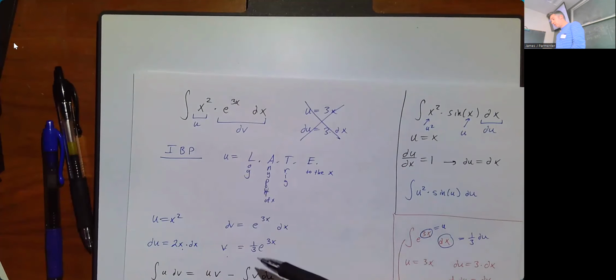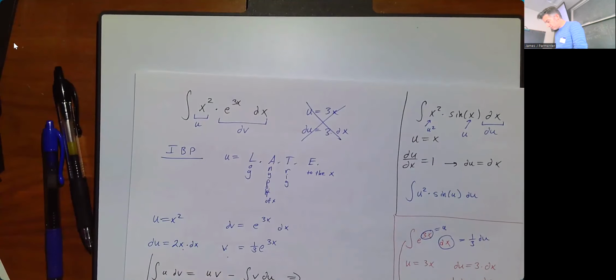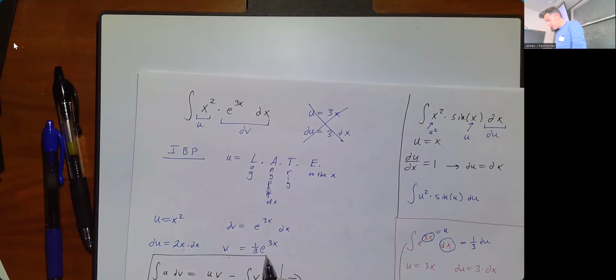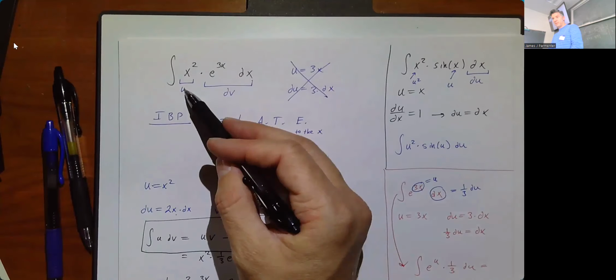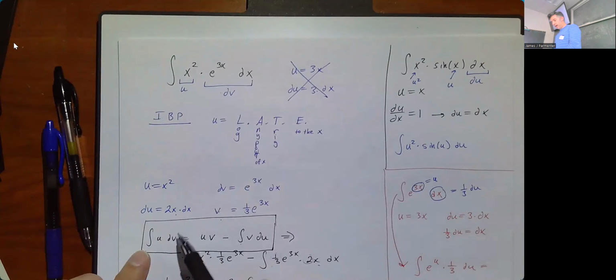And then we're using this formula to rewrite the integral of u times dv as u times v minus the integral of v times du. And the point of this is that this new integral is easier to integrate.